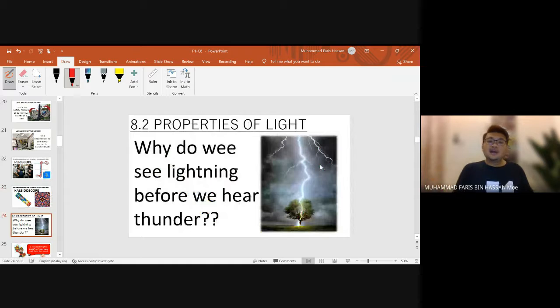So for today, we are going to learn about the properties of light. You can refer to your textbook, page 229. As you can see here, why do we see lightning before we hear thunder? We will get the answer based on the properties of light, which we are going to learn in this subtopic.